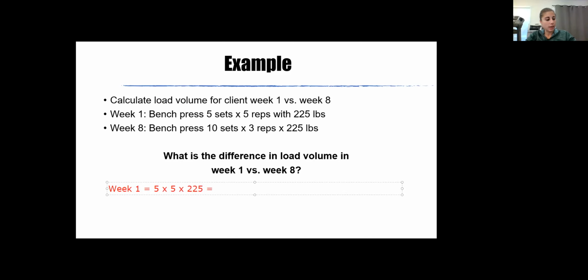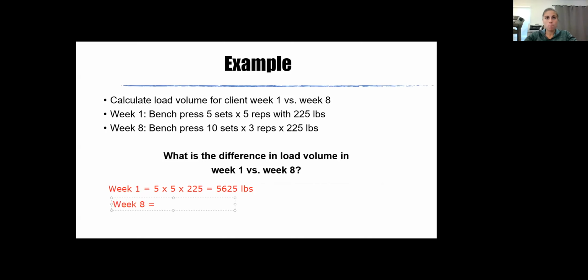And what do we get as our answer? 5,625 pounds. You got it. So that is our load volume in week 1 for the bench press. And we're just looking specifically at the bench press in week 1.